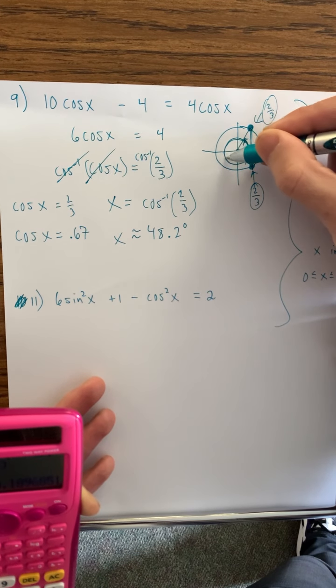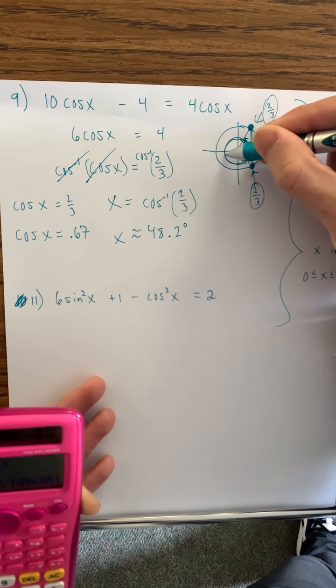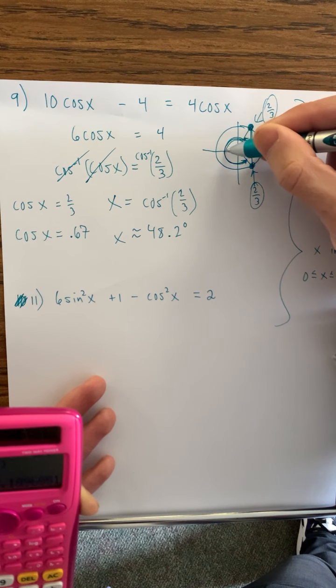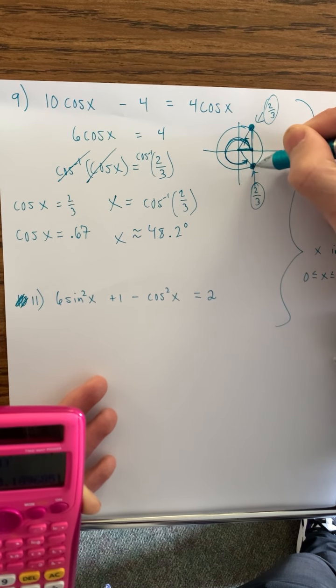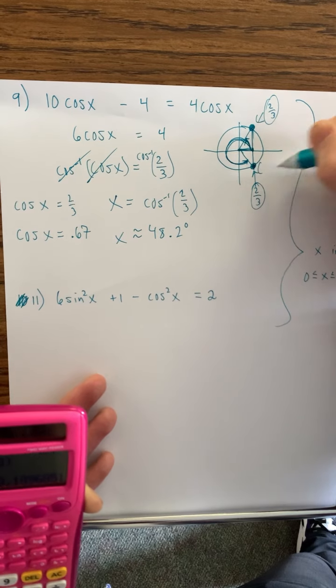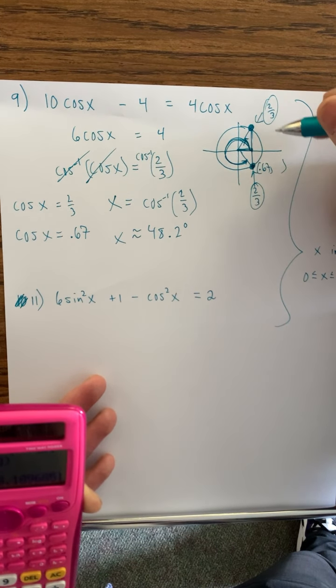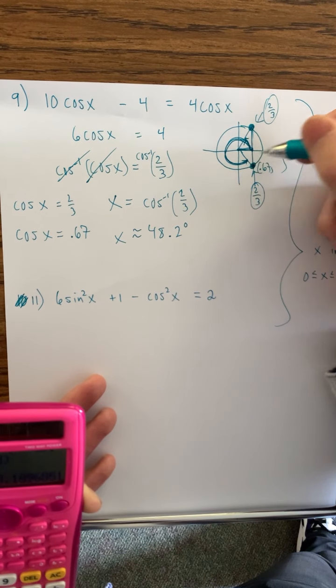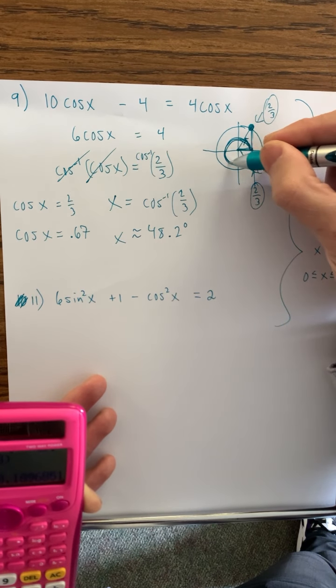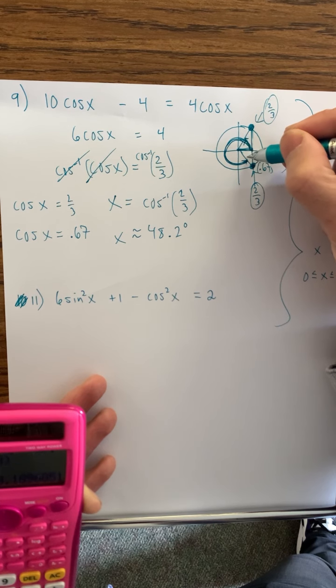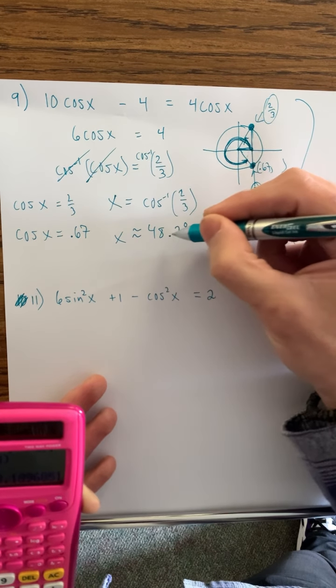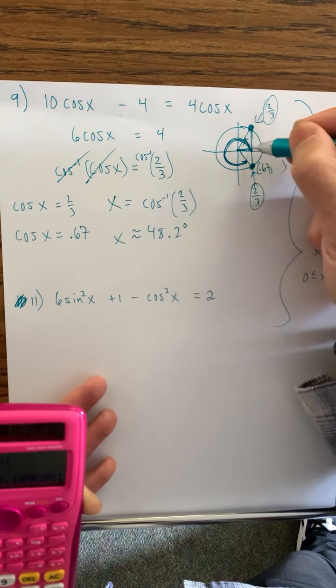This large angle that I'm drawing takes you to this point, and the x coordinate of that point is about 0.67, 2/3. But the question is, how do I find this angle? Well, this angle is almost 360, but a little bit shy. It's actually 48.2 degrees shy of 360.